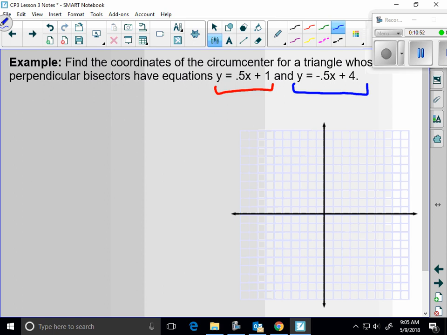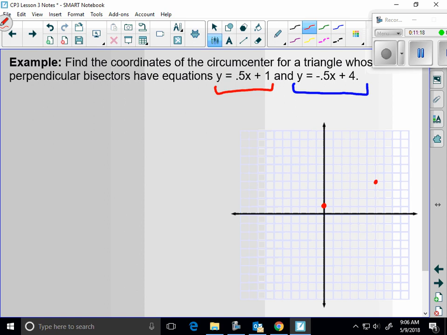So what am I looking for? I'm looking for where these two lines do what? Where they cross. I could graph them and maybe get a decent estimate of where that's at. So let's do that quick. Let's graph the red one first. What's the y-intercept of the red one? 1, yeah. And the slope is 1/2, so that'd be like up 3 and over 6.